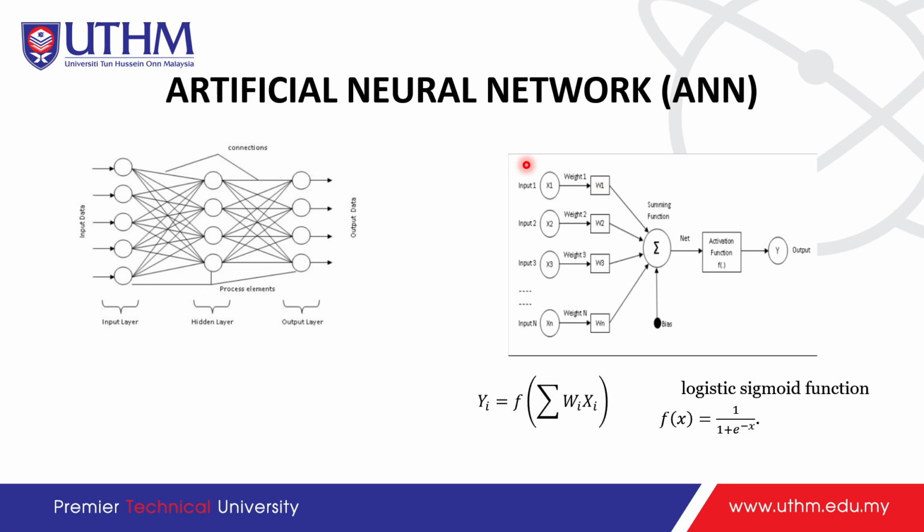So this is a feed forward neural network, meaning in one direction. Once we get the errors, we minimize them by adjusting back the weights.